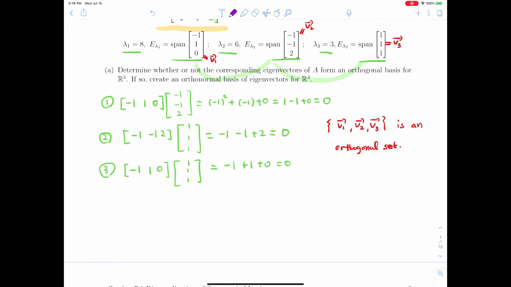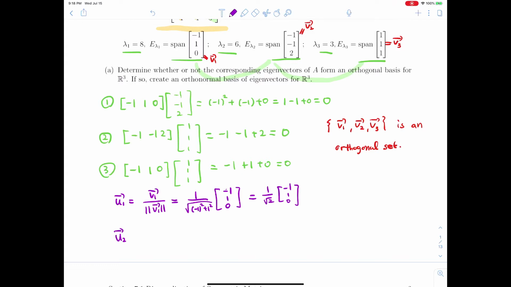So u1 equals v1 divided by its magnitude, which gives 1 over square root of 2 times (-1, 1, 0).